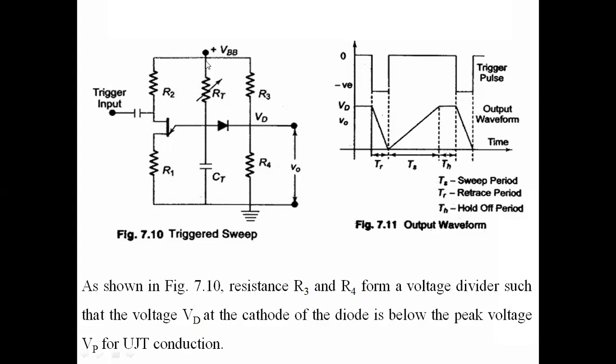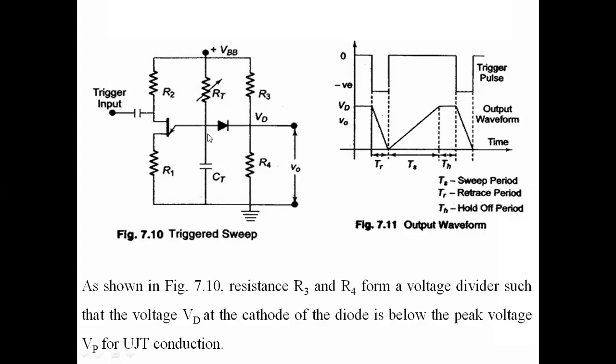Initially assume that the supply VBB is connected. Because of the voltage divider network, we have the voltage VD at this point, and the capacitor CT will be charged through RT.